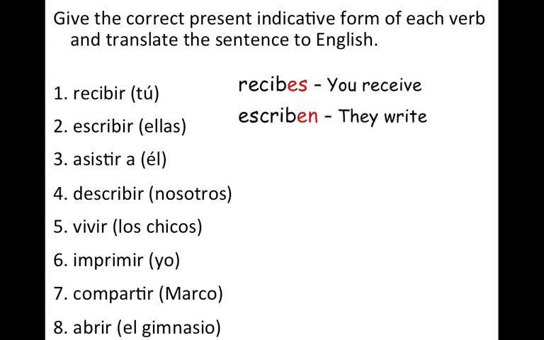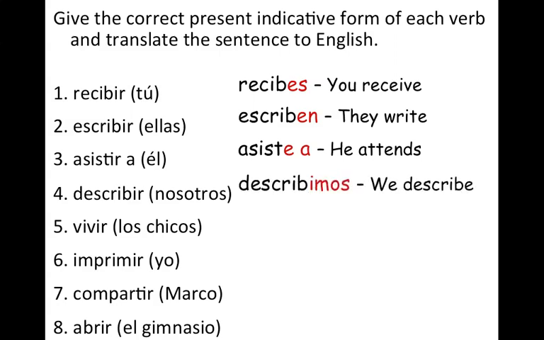They write a lot. Número tres, asistir a and él. Él asiste a la clase. He attends the class. Número cuatro, describir. Nosotros. Nosotros describimos la lección. We're describing the lesson.